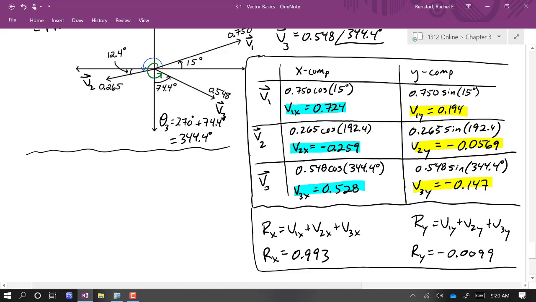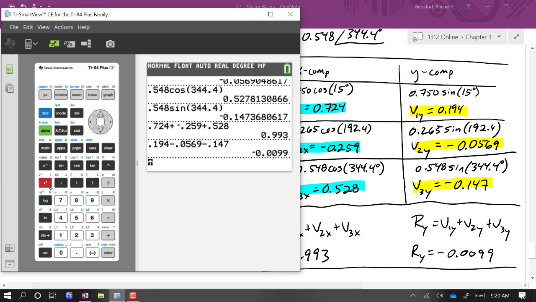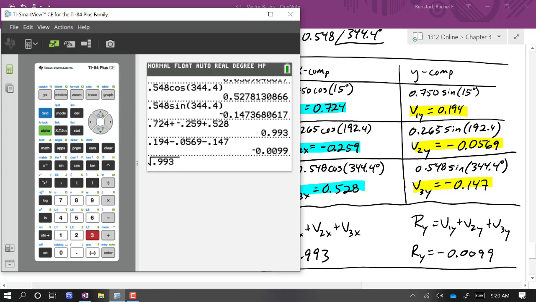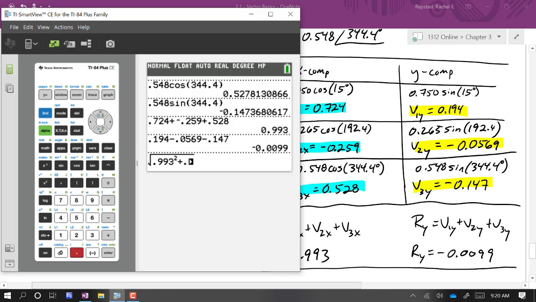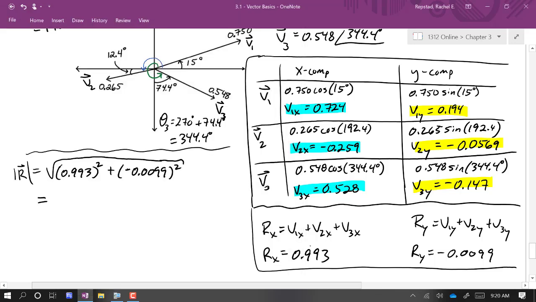We have the Rx and Ry, so we're going to find the magnitude by using Pythagoras, the square root of the sum of the squares, so 0.993 squared plus the negative 0.0099 squared. We get 0.99305, I guess, approximately.